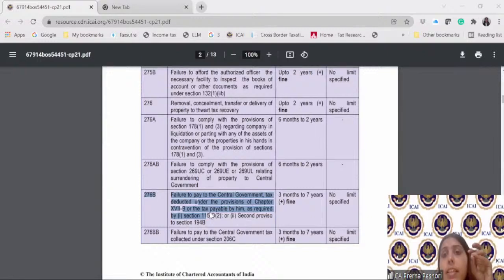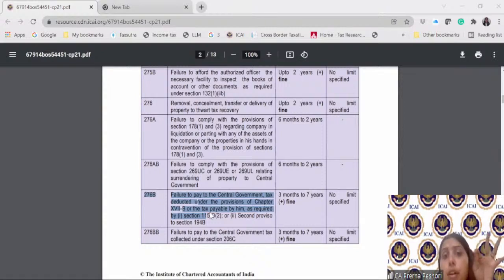Then you will write that there will be interest on him, 1% or 1.5%, for late deduction and late payment. You will also write that if the payee has filed the return of income, included this income, and has obtained the certificate from the accountant, then the assessee, the payer, will not be treated as assessee in default, right? But the interest still will be leviable on him. That point also you can mention.